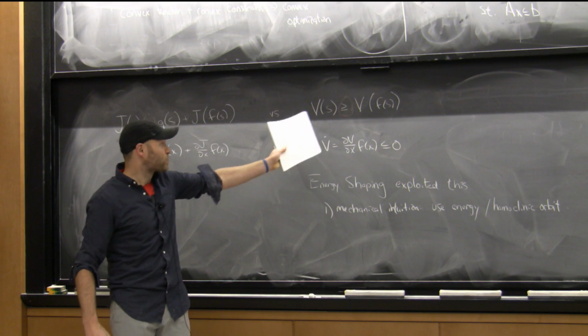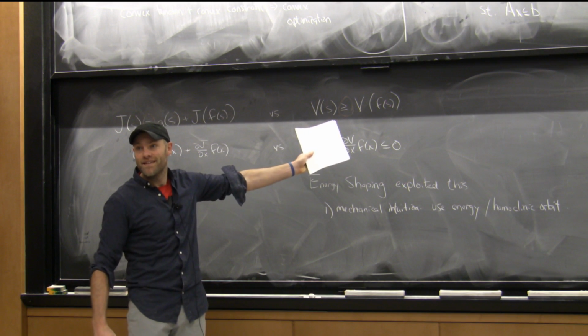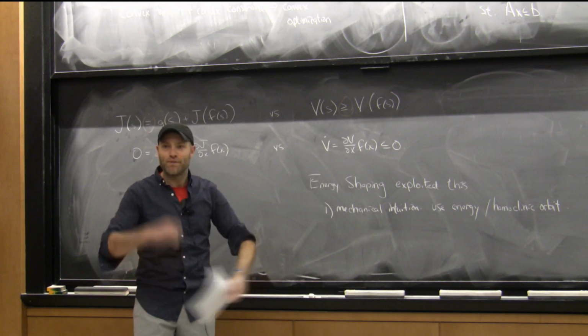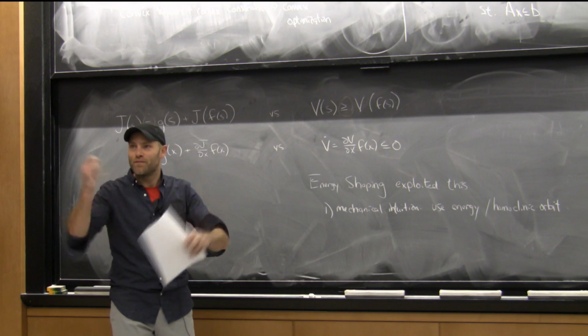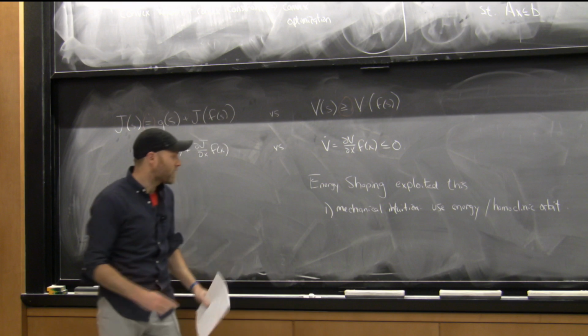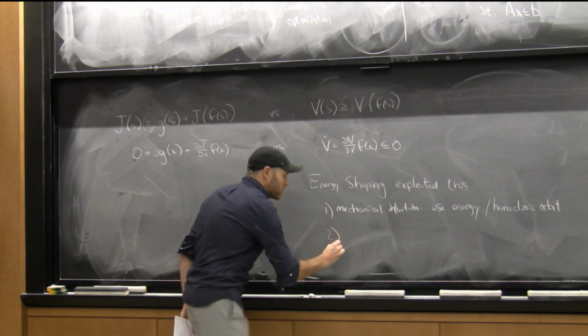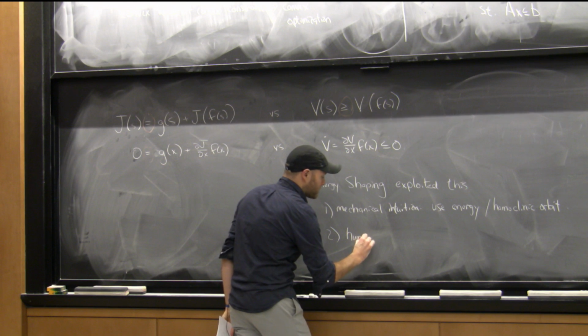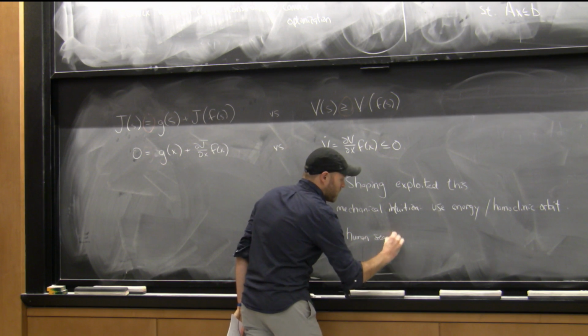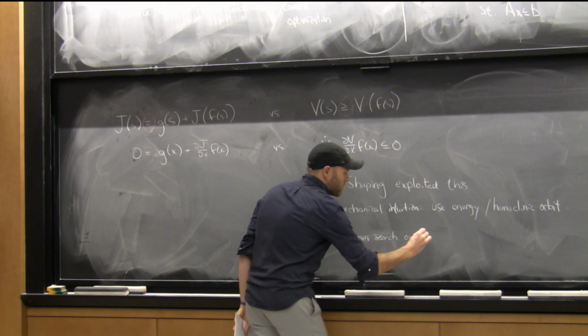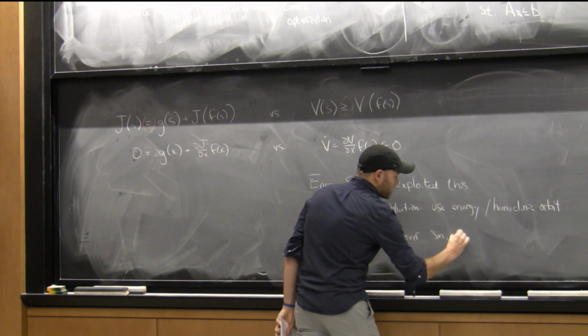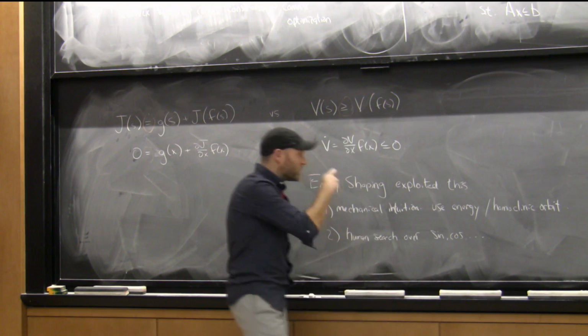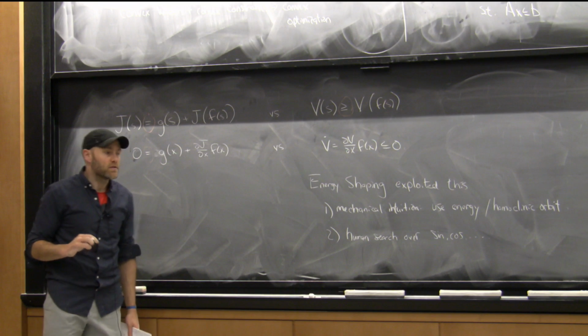If it was really hard to satisfy that equation, like this one, you wouldn't have been able to get lucky and pull a few rabbits out of the hat and find it. But that was a human search, right? Sine, cos, whatever, until they satisfied those conditions.